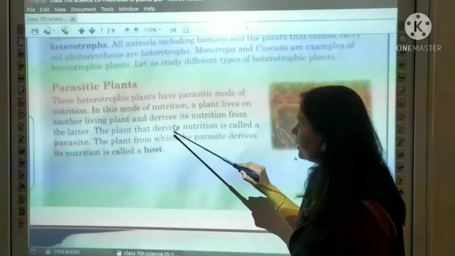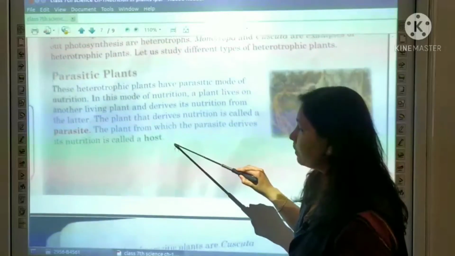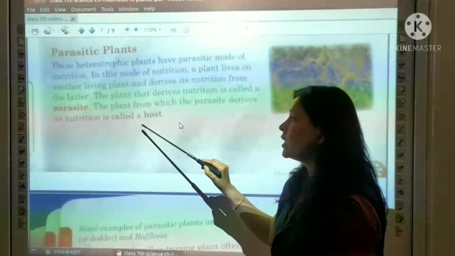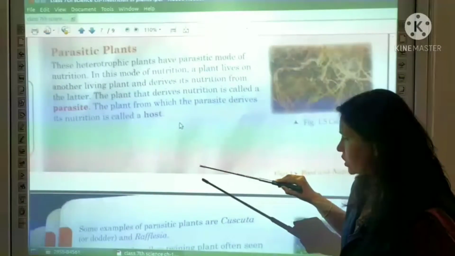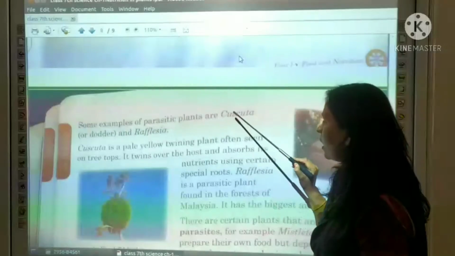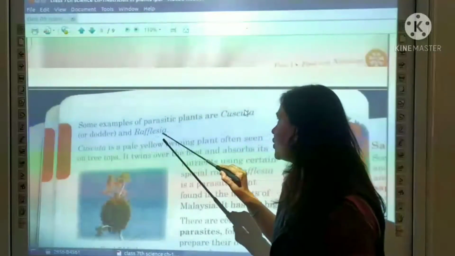The plant that derives nutrition is called a parasite. The plant from which the parasite derives its nutrition is called a host.